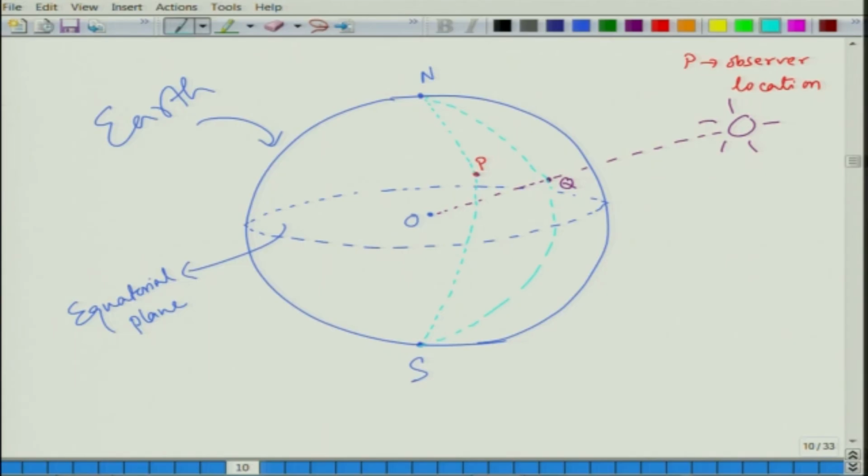Now, one vector we can draw here through the observer location, if I draw a line through the center of the earth, what will we get? Please, before I proceed, stop and think what that direction will be, then switch play the video again.